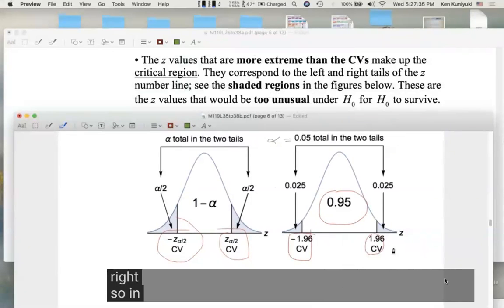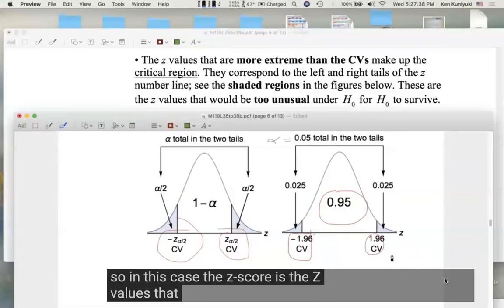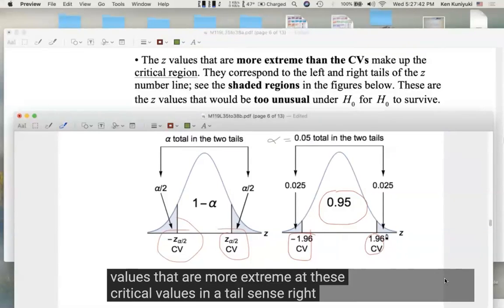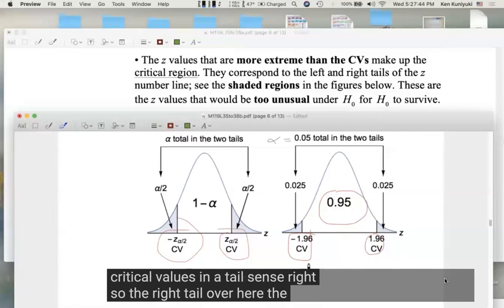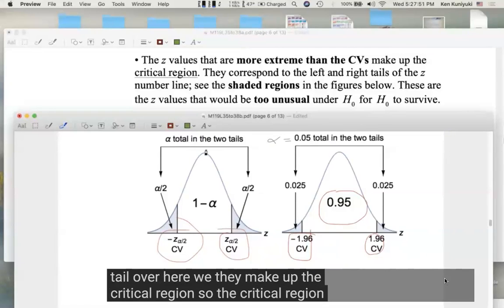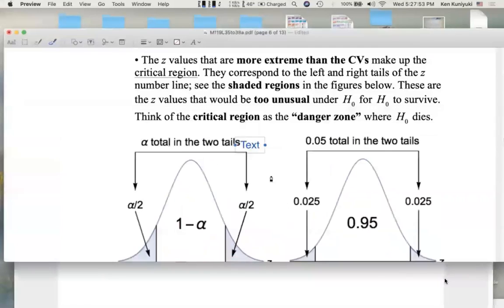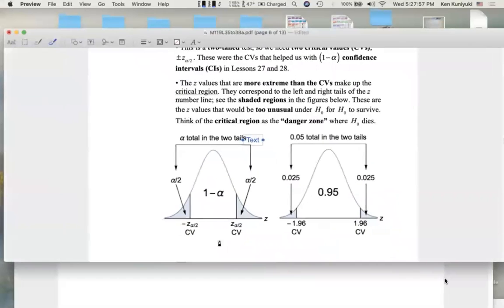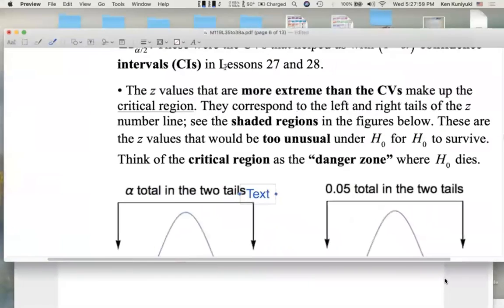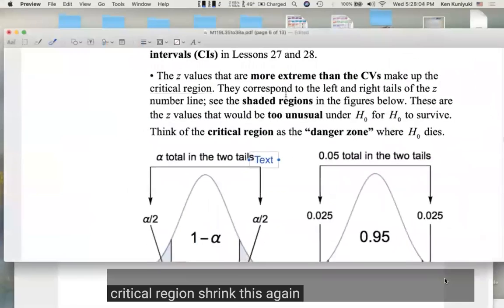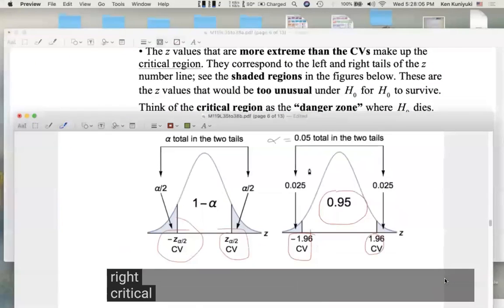The z-values that are more extreme than these critical values in a tail sense, the right tail over here, the left tail over here, they make up the critical region. Critical region.